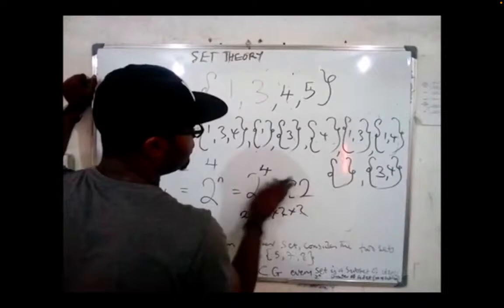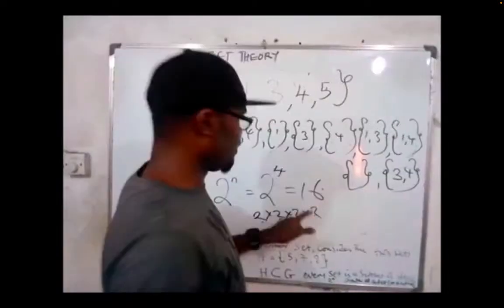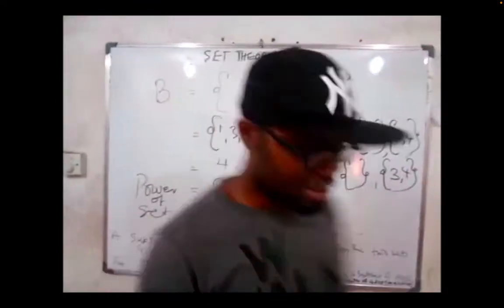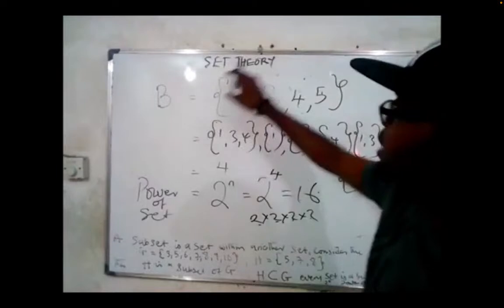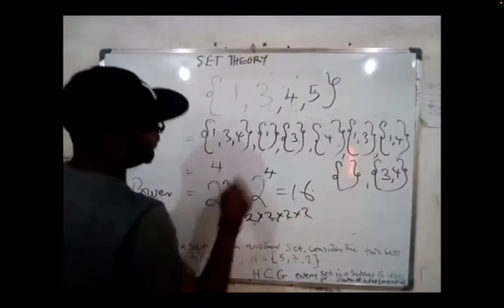Sorry, so this should be 16. If you build the subsets of this, you're going to get up to 16 subsets. So very important, take note. That is how you get the power of the set. The power of the set is simply telling us the number of subsets that a set has.